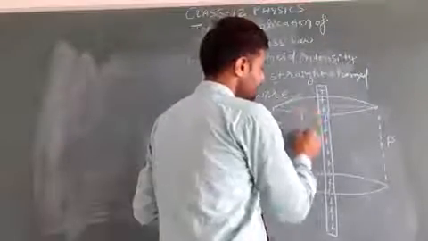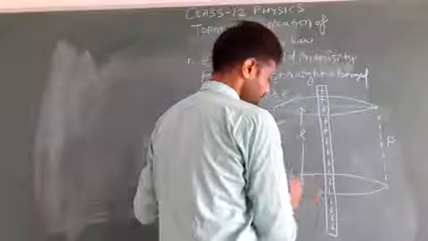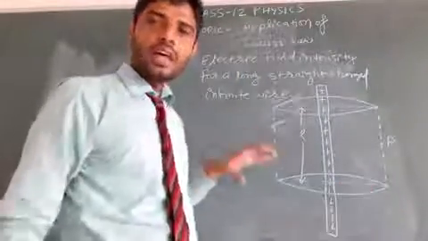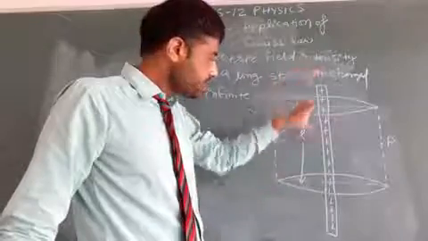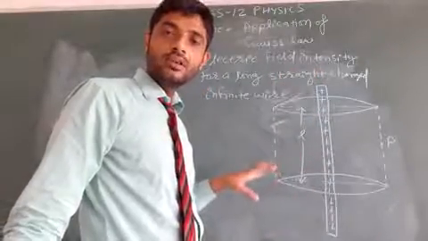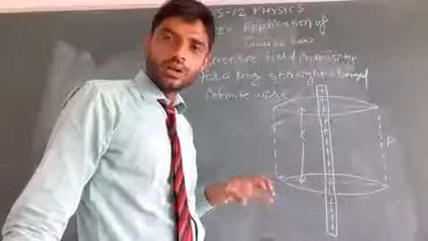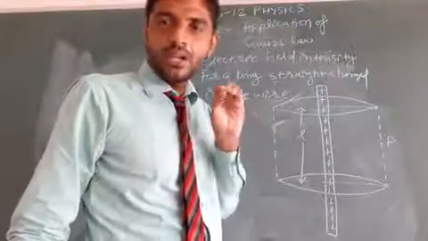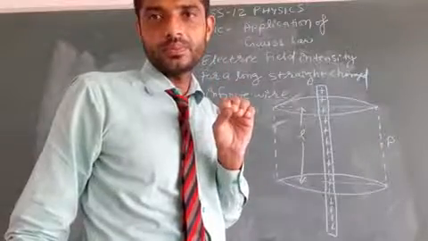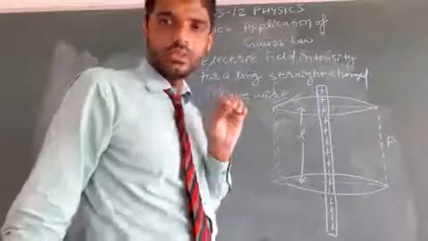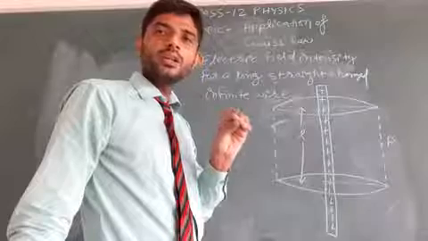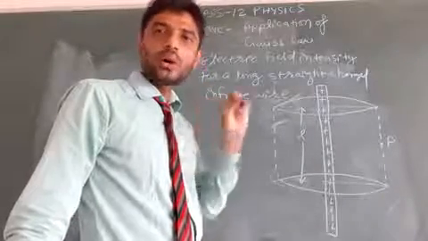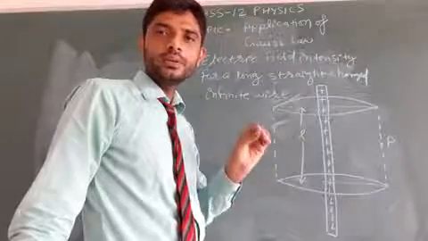Let the length of this portion be L. So you can say the length of this imaginary surface, and this imaginary surface is cylindrical. This is an imaginary cylindrical surface, and it is known as a Gaussian surface, used to enclose any charge.